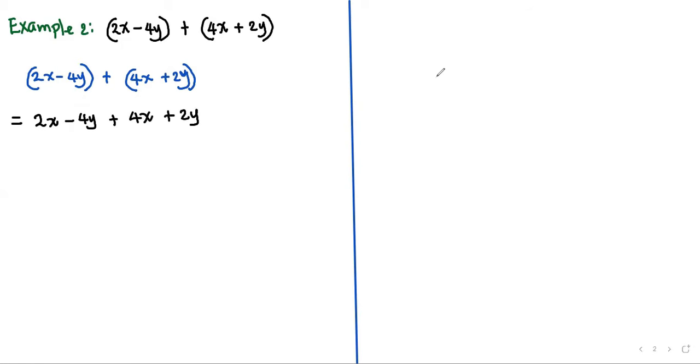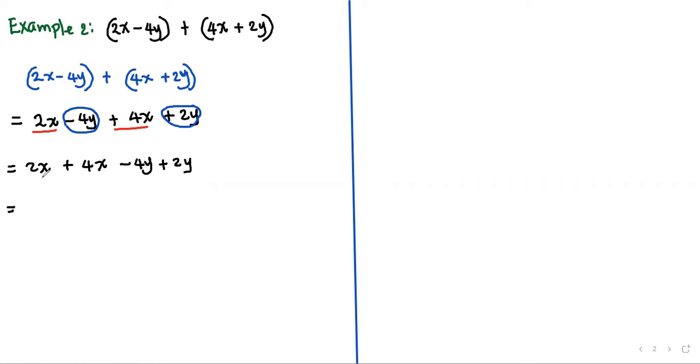Now we will collect the like terms. 2x plus 4x, then minus 4y and plus 2y. Okay, so let's write that. 2x plus 4x minus 4y plus 2y.